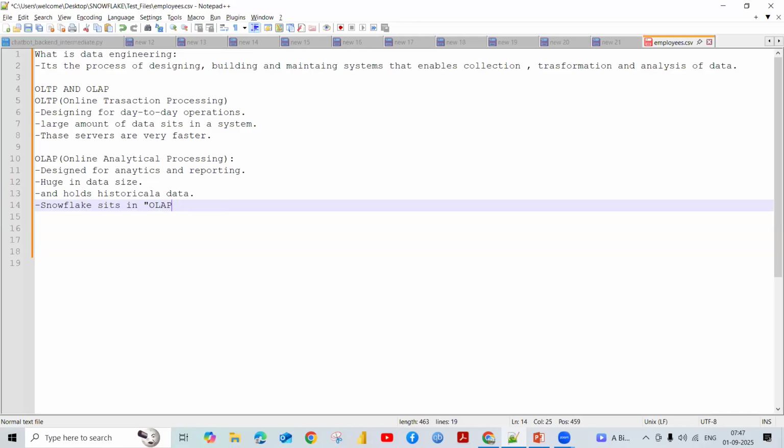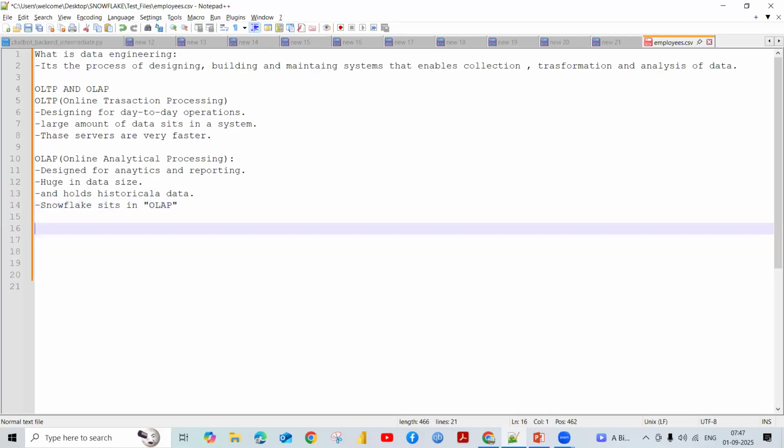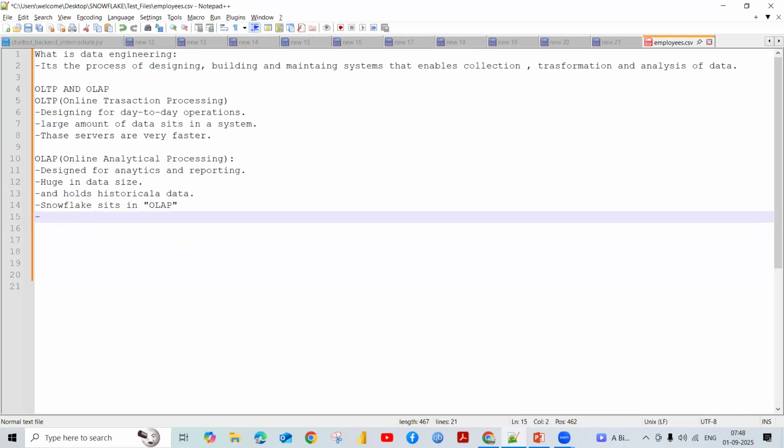It handles all your historical data and is designed for analytics and reporting purposes. You need to understand that. This OLAP holds all the historical data of your business. It works as the warehouse for your data.